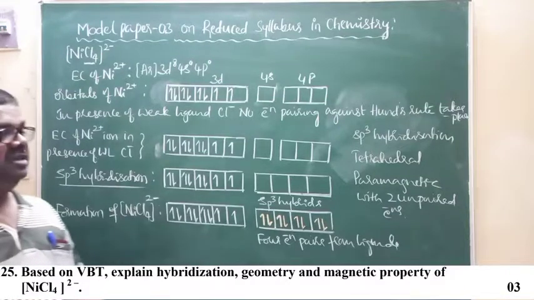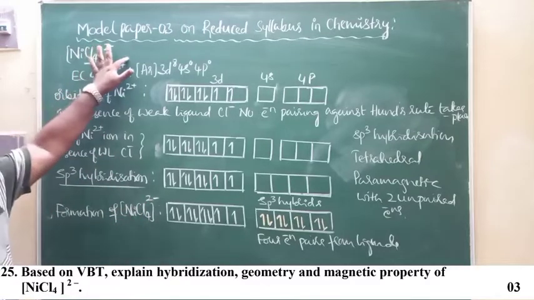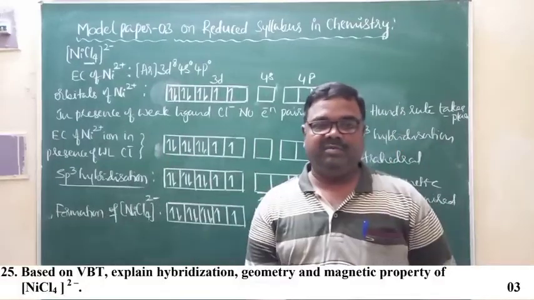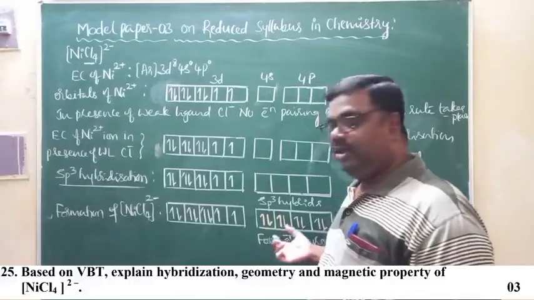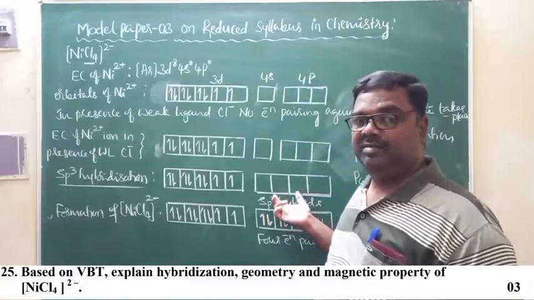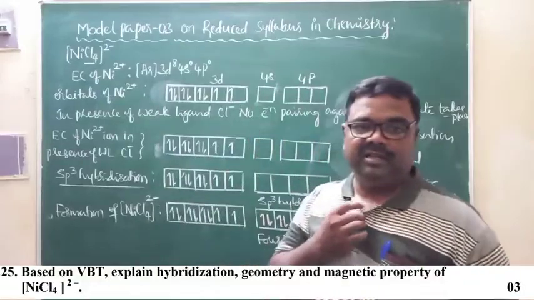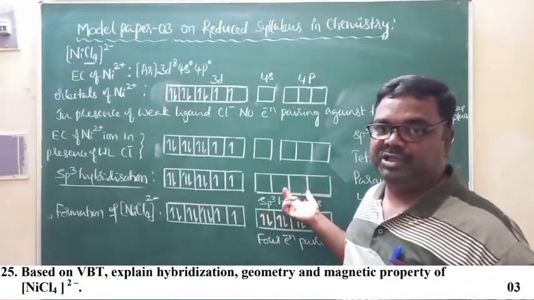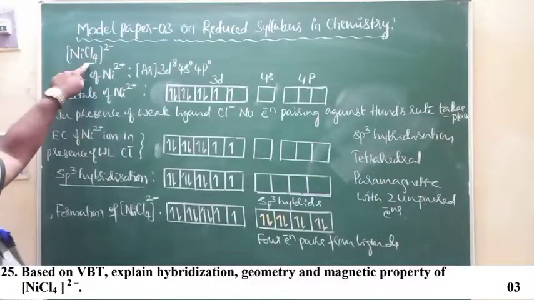This is the discussion: formation of NiCl4 2- based on valence bond theory. According to valence bond theory, coordination bonds are produced by the overlapping of empty hybrid orbitals of the central metal ion with filled orbitals of ligands. Here 4 empty sp3 hybrid orbitals of the nickel ion overlap with the filled orbitals of ligands.